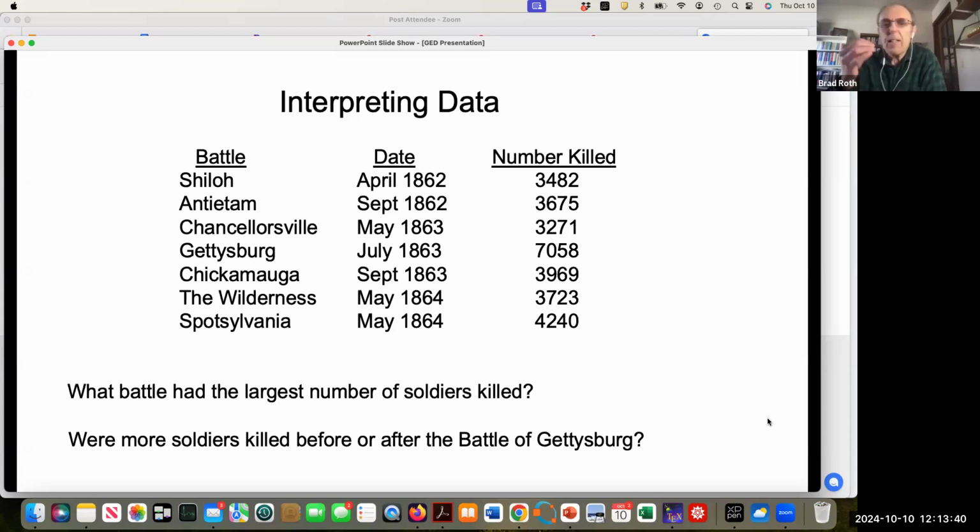Well, based on this data from these 7 battles, you could add up all the numbers before and all the numbers after, but it's pretty clear that the 3 battles before Gettysburg, because these are listed chronologically, all those 3 numbers are smaller than the 3 after. So the answer would be there were more killed after the battle.